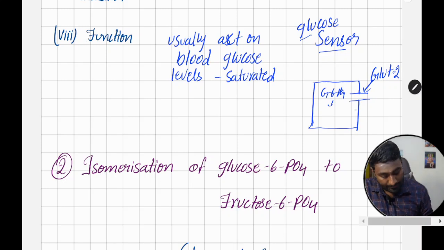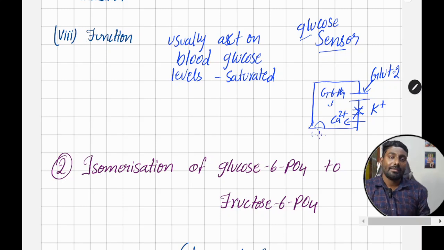With the help of ATP, it is going to close the potassium channels so that the membrane gets depolarized and calcium enters the cell. Because of that, insulin will be released. In this way, glucokinase is acting as a glucose sensor.